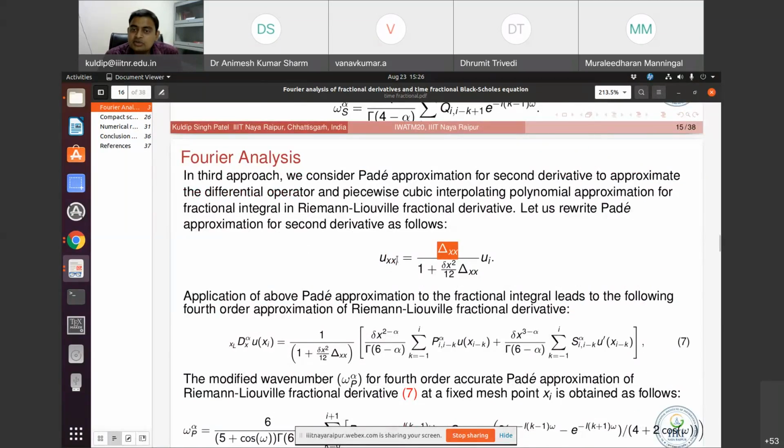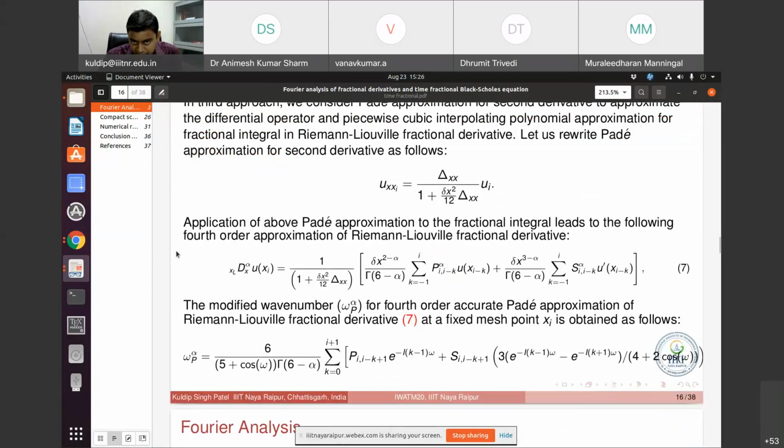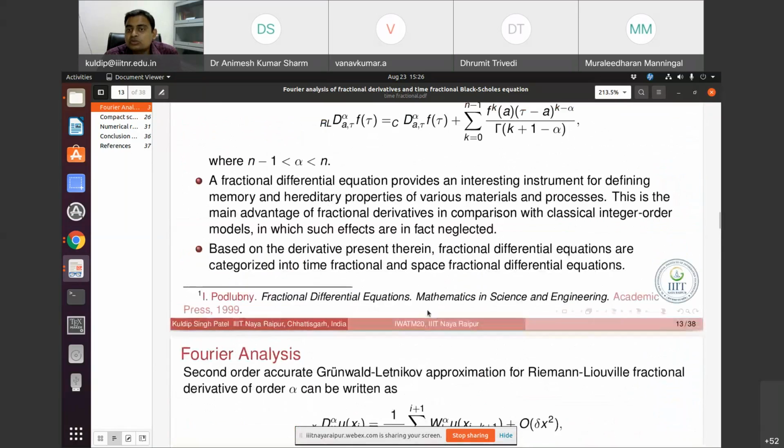So this uxx, if you calculate from here, gives a fourth order accurate approximation for the second derivative. And using this uxx we found a fourth order accurate approximation for Riemann-Liouville. Please note down how we went through it.